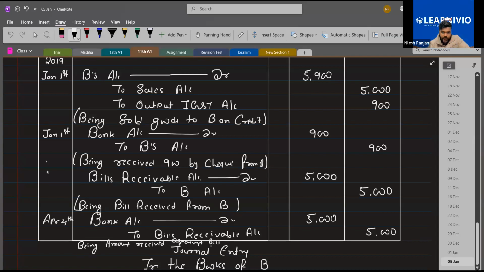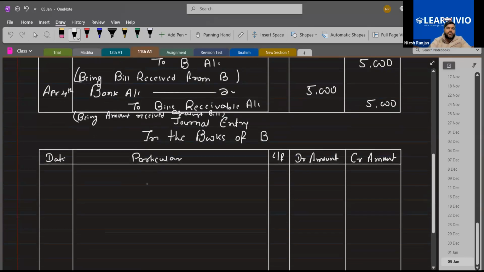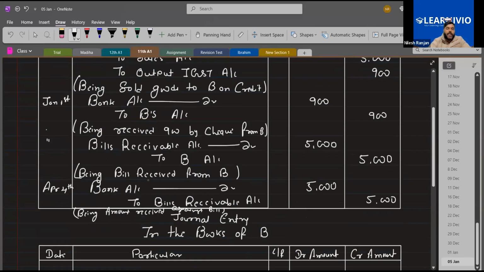There is no space. That's why I have said the narration. So this is the entry in the books of A.